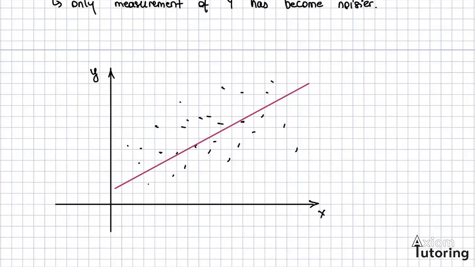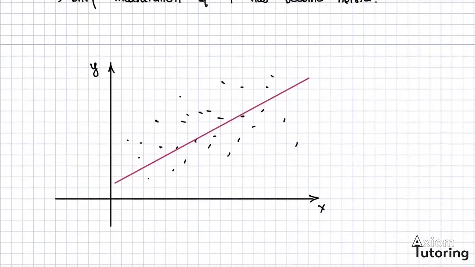Remember, some y's are going up, some y's are going down. So overall, these go down, and these go up, and these go up while these go down, and so on. So everything is moving a little bit.